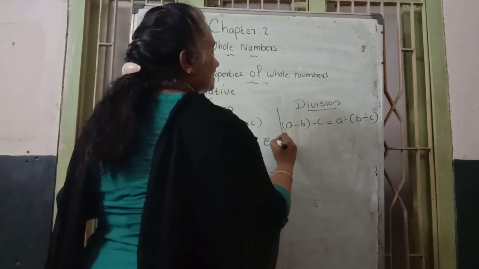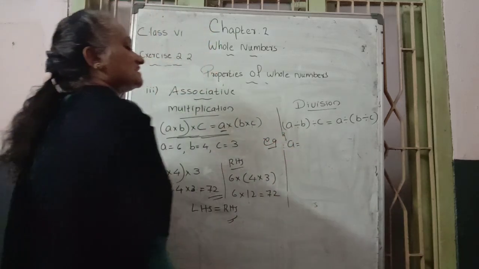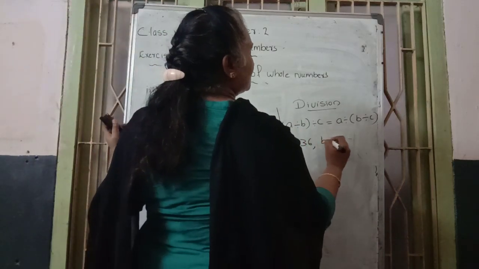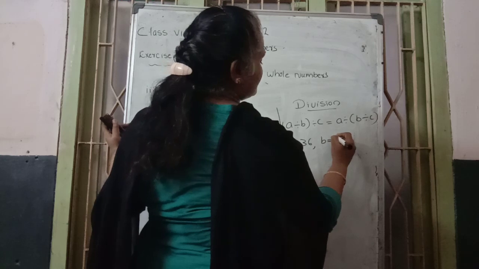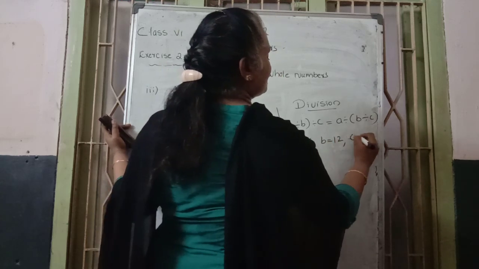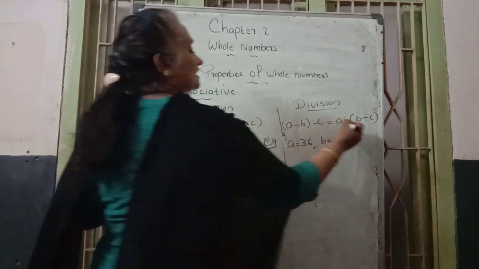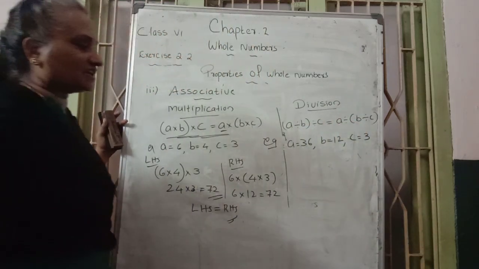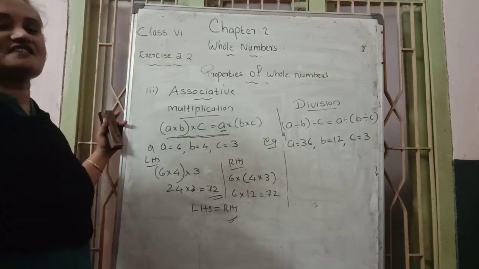For the example, I consider A value as 36, B value as 12, C value as 3. A value 36, B value 12, C value 3.